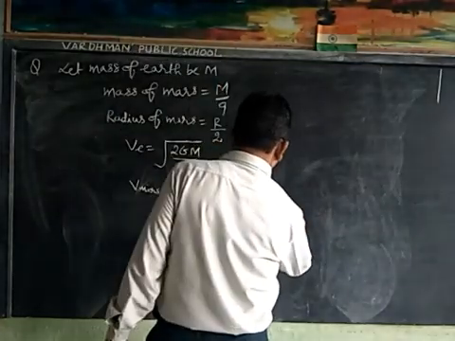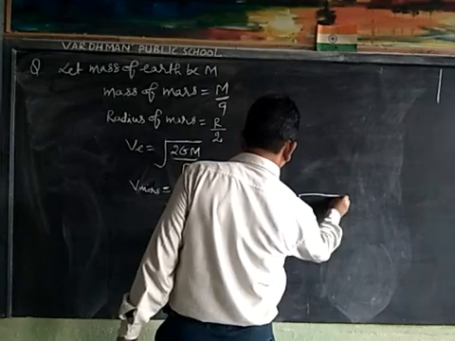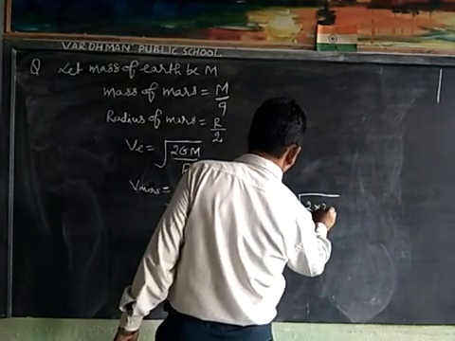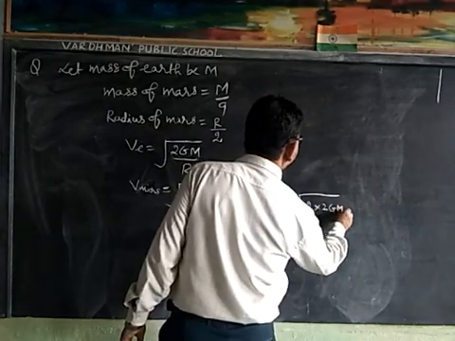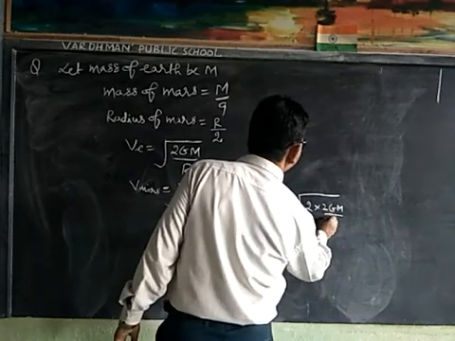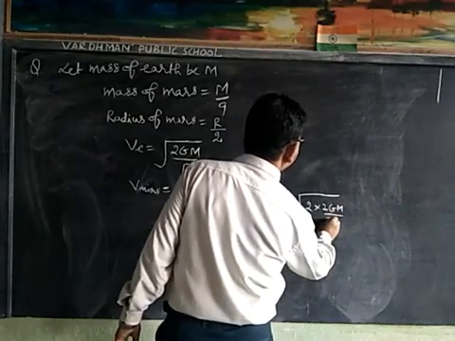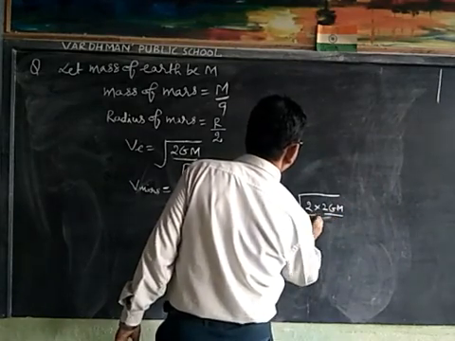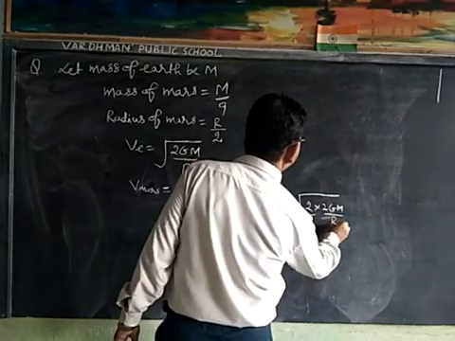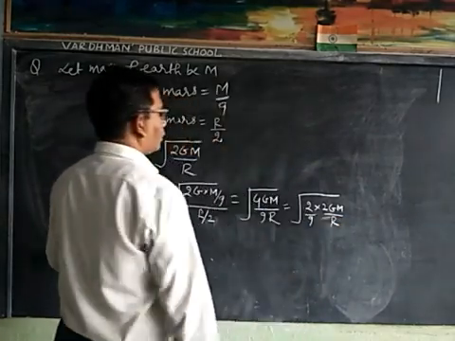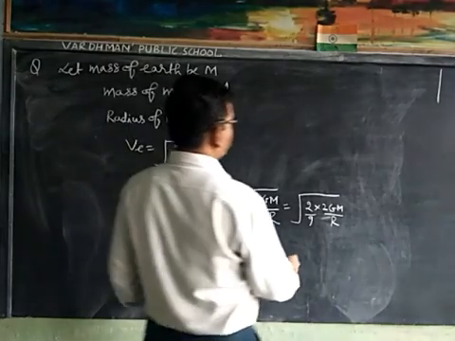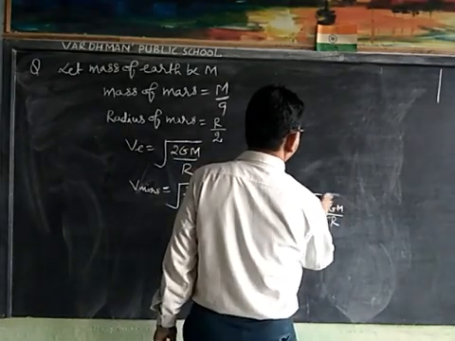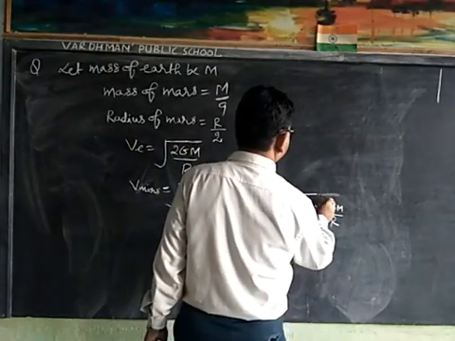This can be written as under root 2 into 2GM upon 9R.